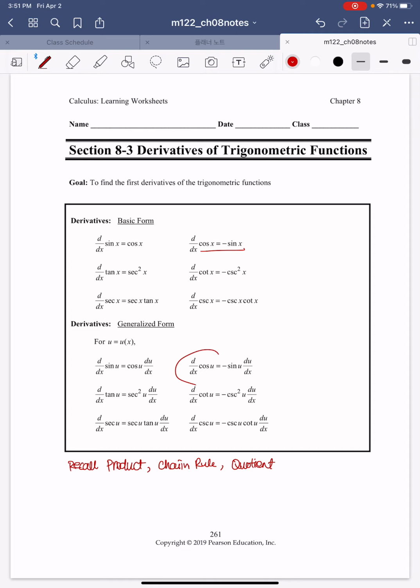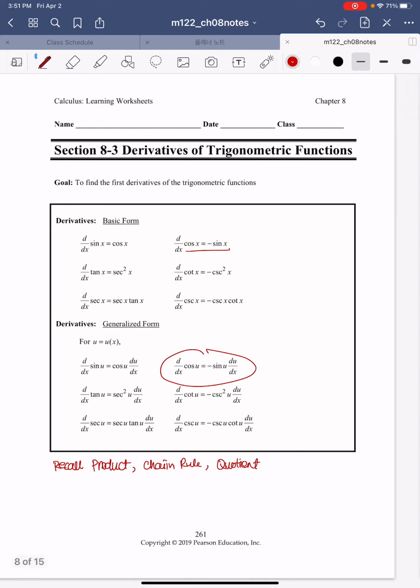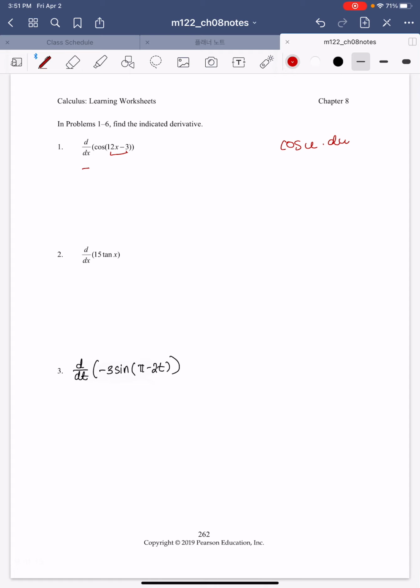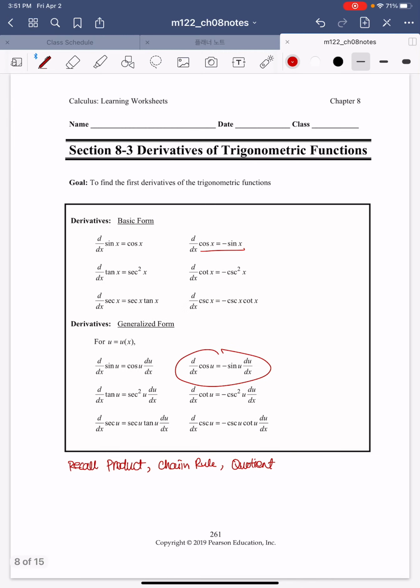So we apply that: negative sine u, which is 12x minus 3, and then the derivative of this u, which is simply 12. So our final answer is negative 12 sine 12x minus 3. If you are good at the product, chain, and quotient rules, it works exactly the same, except we now have these trig functions.